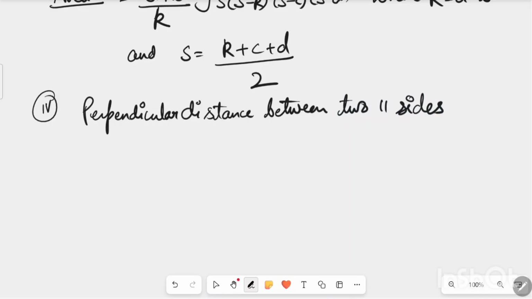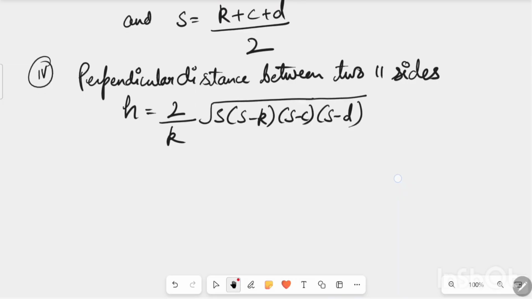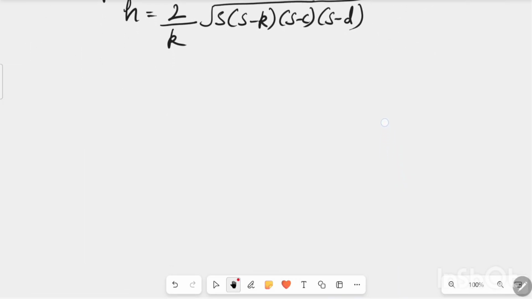H equals 2 by K under root S into S minus K, S minus C and S minus D. By this we can find the perpendicular distance between two parallel sides.